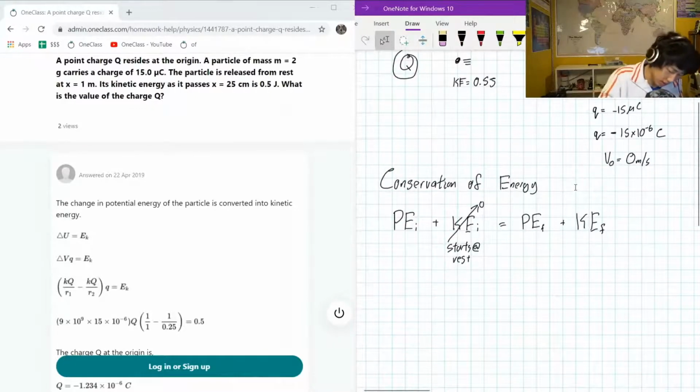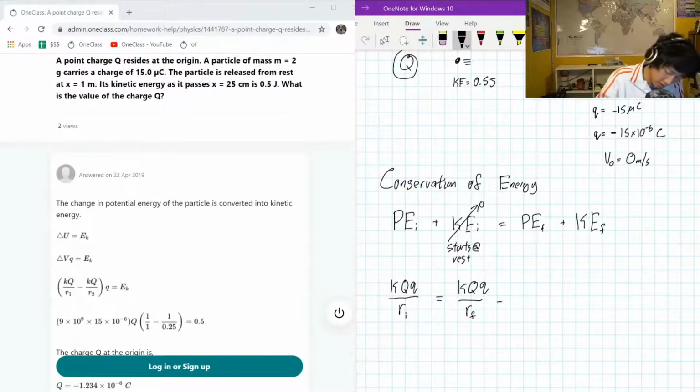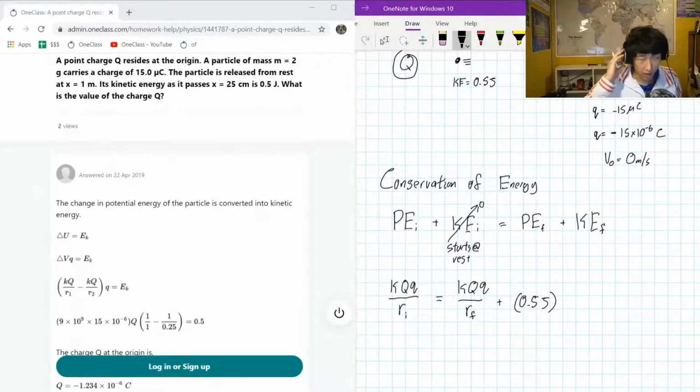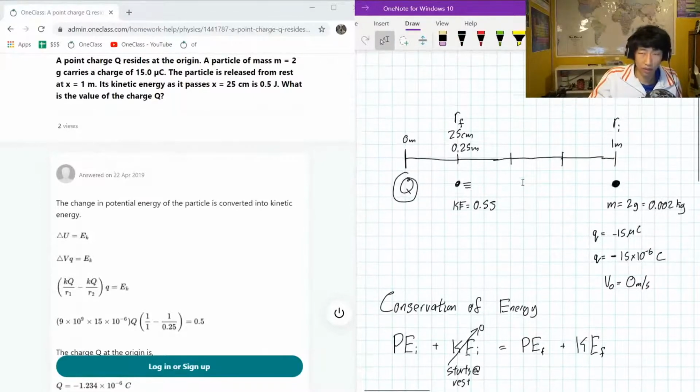So our initial potential energy, kQq over Ri, is going to be equal to kQq over Rf plus, well, simply 0.5 joules, because that's what was given to us, and we're trying to solve for big Q. And we know that big Q has to be positive, because since little q is negative, they need to be opposite signs so that little q is attracted to big Q, because they're getting closer to each other.